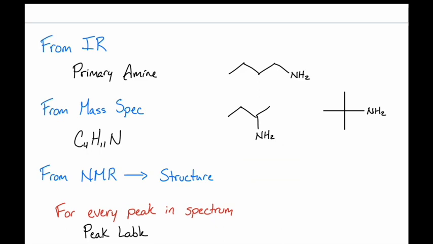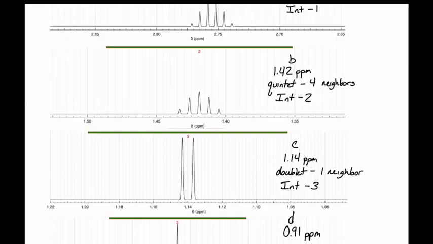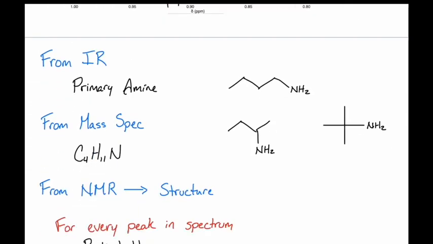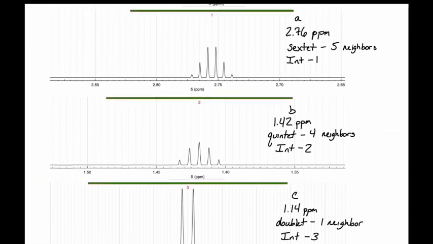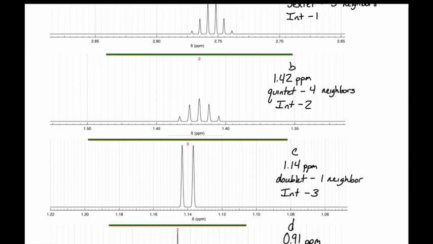Are there any more? That's all I can think of. These are primary amines, so I can't stick the nitrogen between 2 carbons. So sure, I think that's it. All right. So looking at this here and looking at our spectra, we could go ahead and narrow it down.